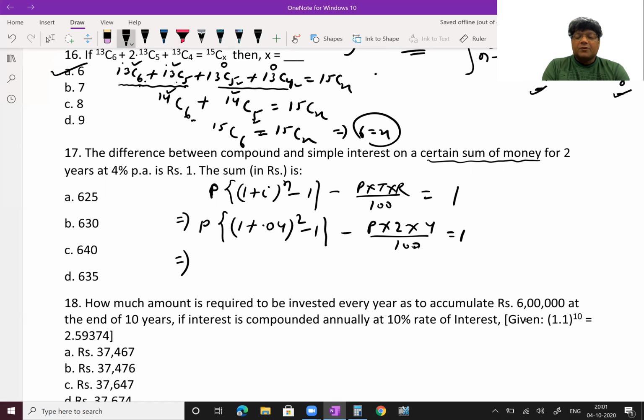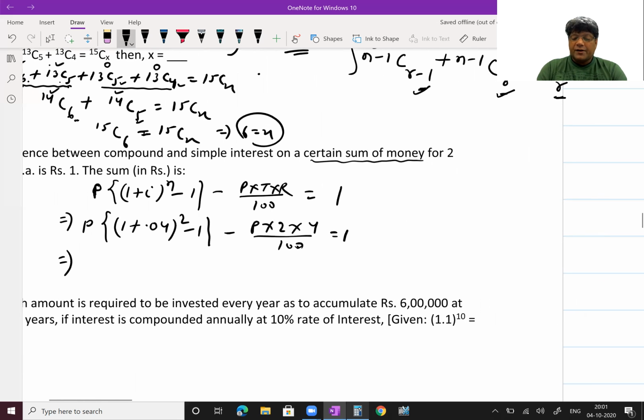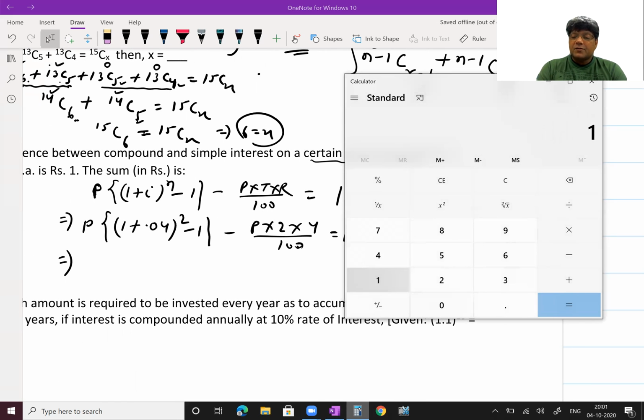Now we will use the calculator. 1.04 square, 1.04 into 1.04 is equal to 1.0816, minus 1 is equal to 0.0816.